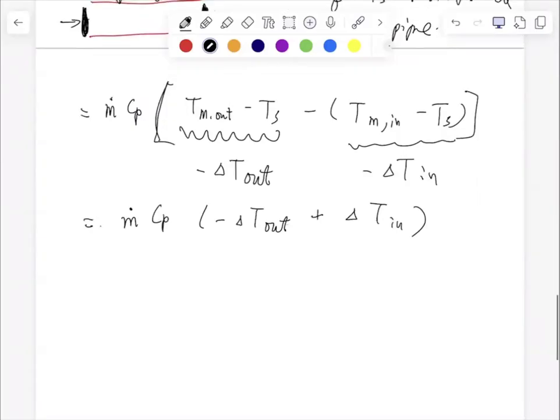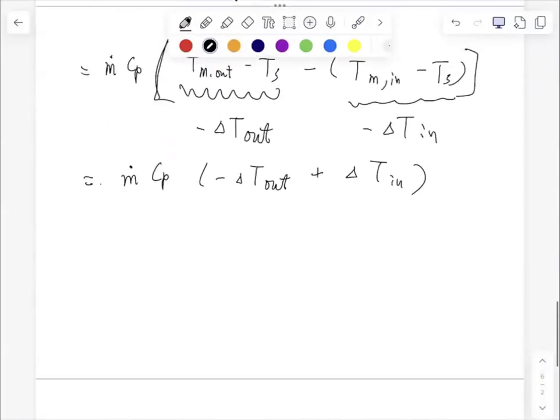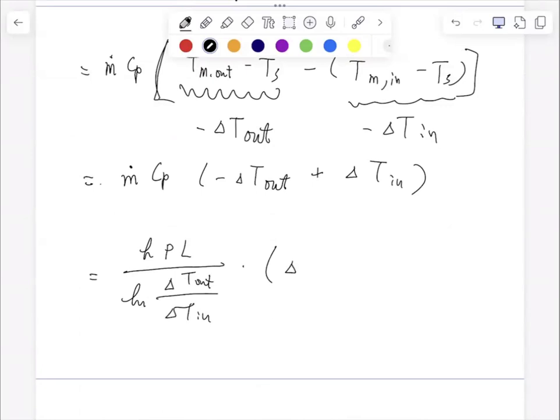All right. So from what we got here, what mCp equals, I just put it here: mCp equals HPL log of delta T out over delta T in.